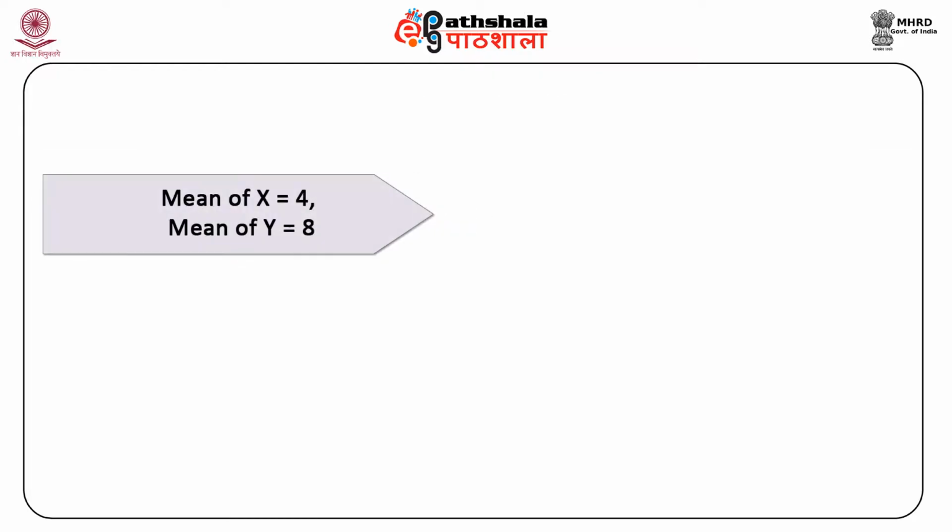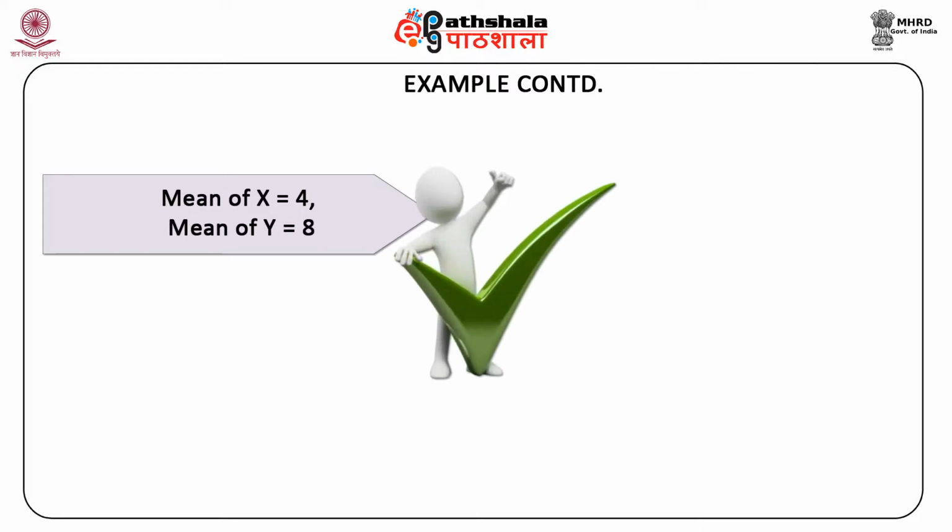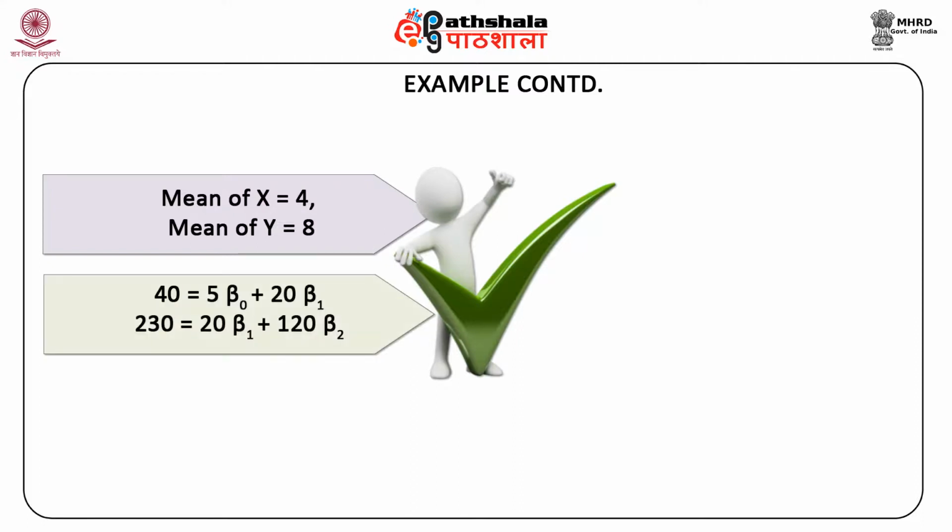Mean of x is equal to summation x divided by n, which is equal to 20 divided by 5, which is equal to 4. Mean of y is equal to summation y divided by n, which is equal to 40 divided by 5, which is equal to 8. Therefore, by substituting the above calculated values in the two equations, we can write 40 is equal to 5 beta 1 plus 20 beta 2, and 230 is equal to 20 beta 1 plus 120 beta 2.